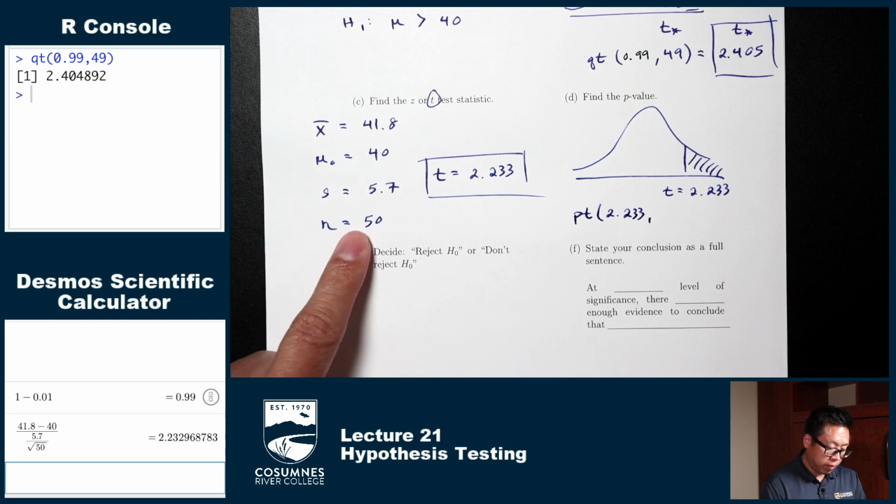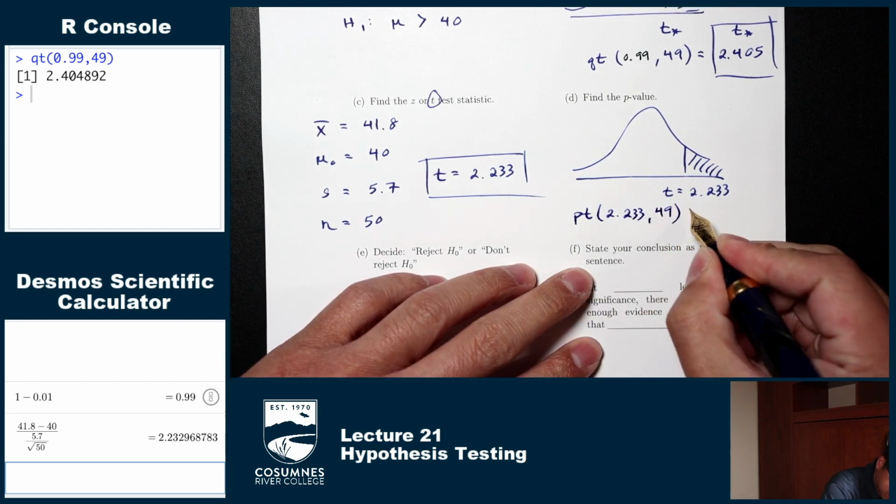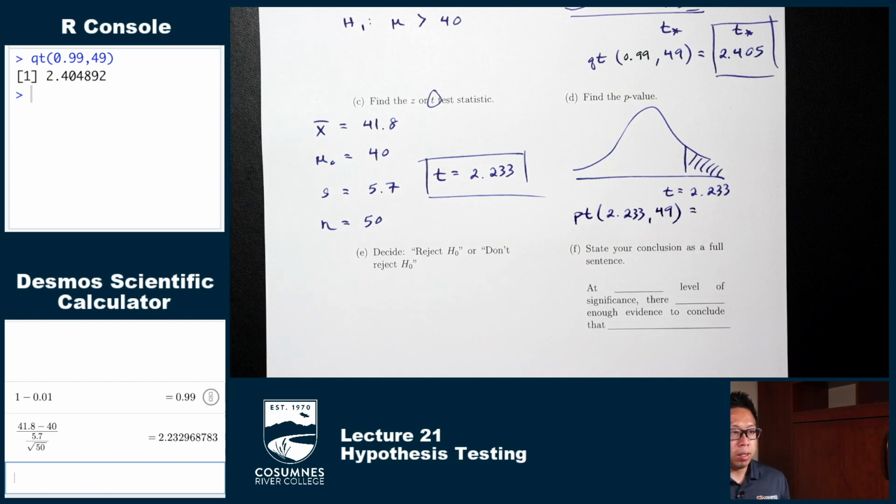Our sample size was 50, so one less would be 49. So in R, we'll do pt(2.233, 49). 0.985.